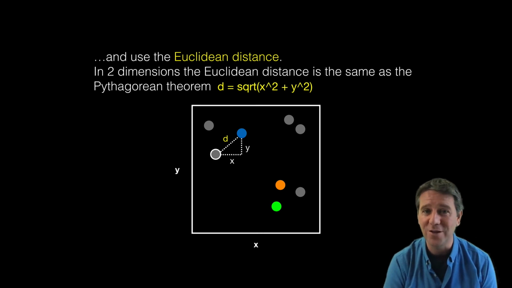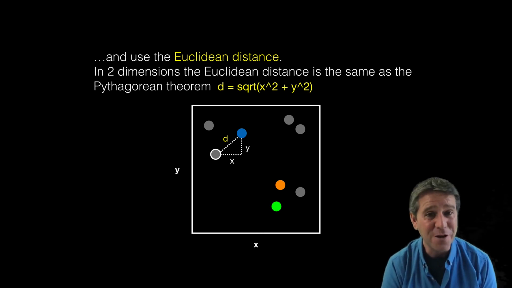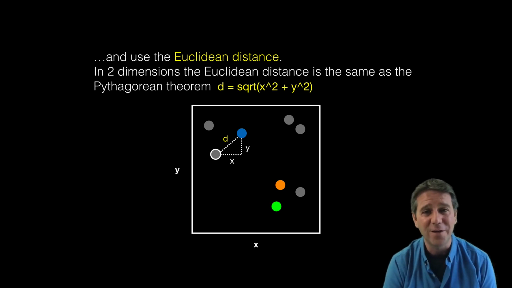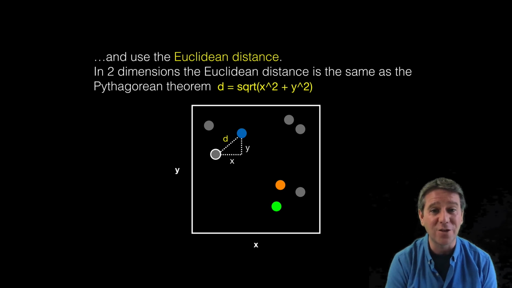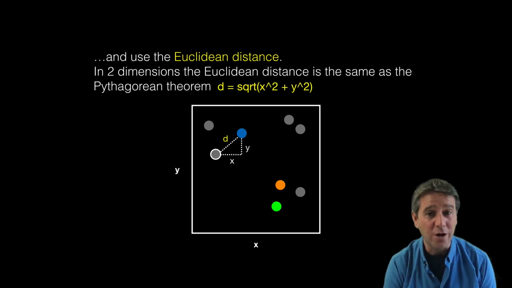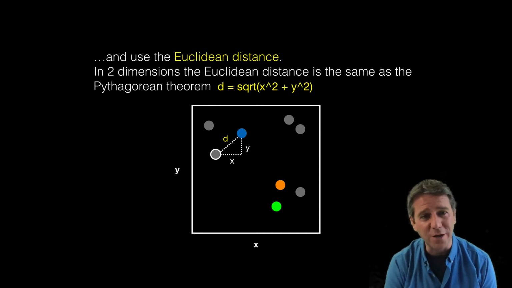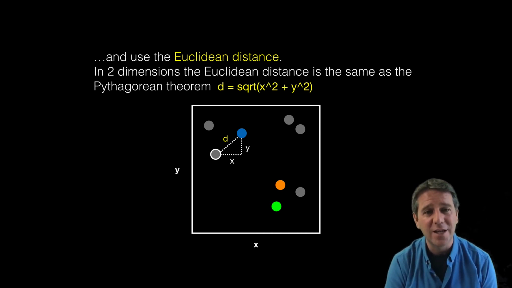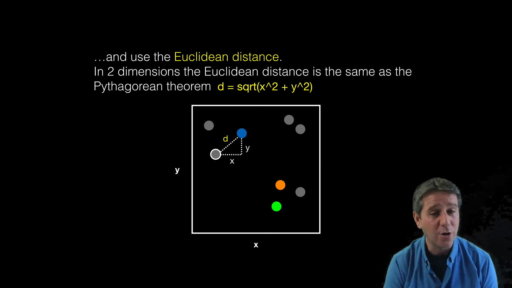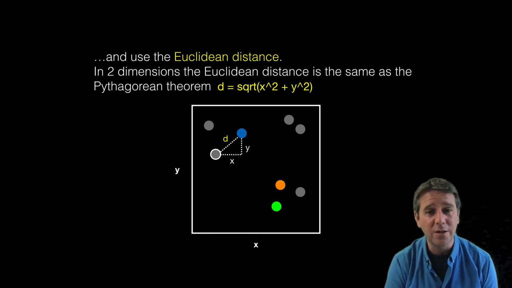So in 2 dimensions, Euclidean distance is the same as good old Pythagoras theorem here, where the length of the side D here that we're after is equal to the square root of the lengths of the other 2 sides squared and summed, right? Or the square root of x squared plus y squared. In this case, that's going to give us that distance D between our gray point and the cluster representative.